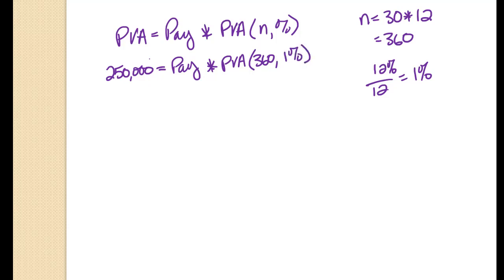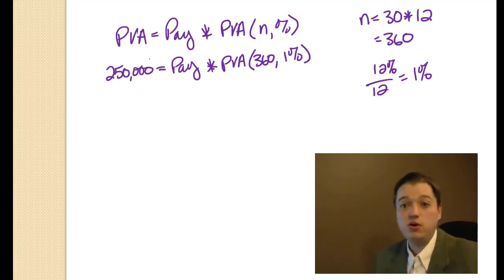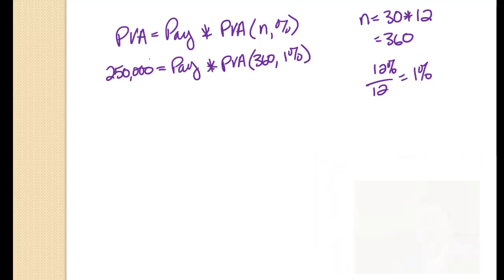Now, unfortunately, we can't just go to a normal table and get 360. There are websites out there where you can type in your interest rate and your payments, and it will pop back either a factor or just give you a value. You can use a time value calculator. You can use the equations. You can use Excel. For now, I'm going to give you what the factor would be. But this is one of those where you'd have to play around with some other options.